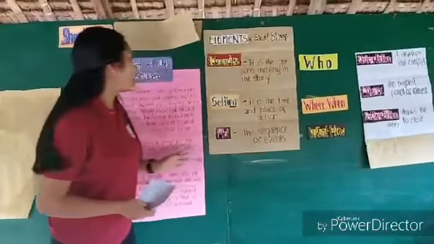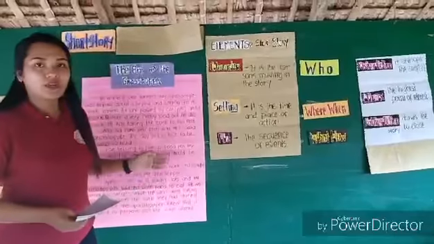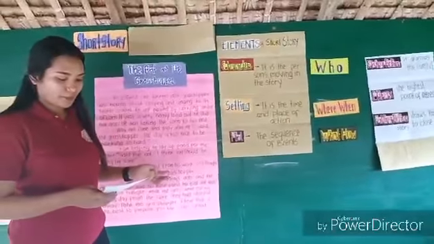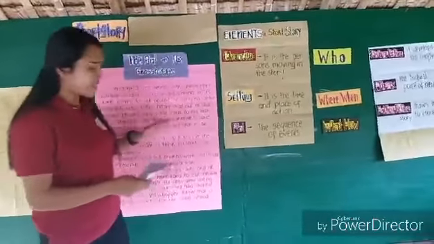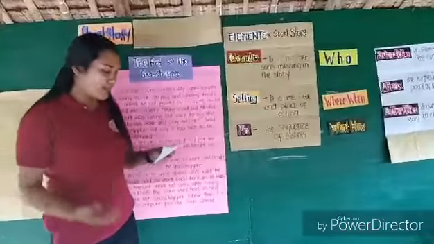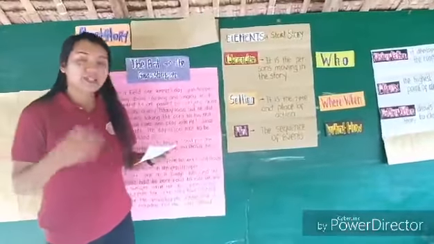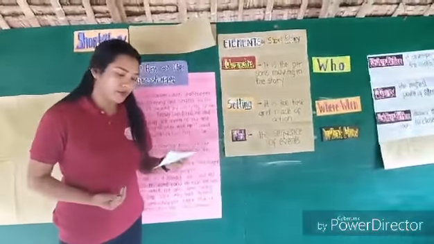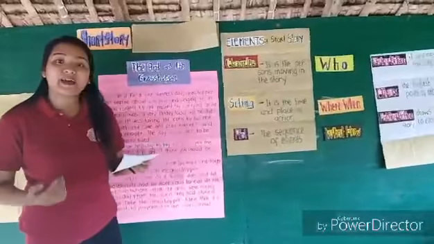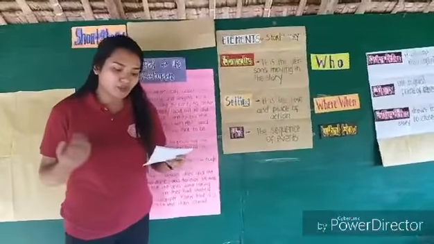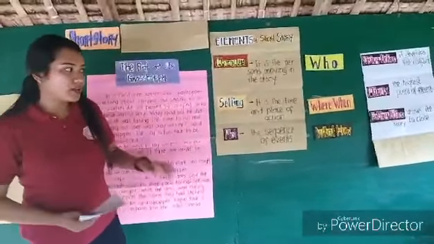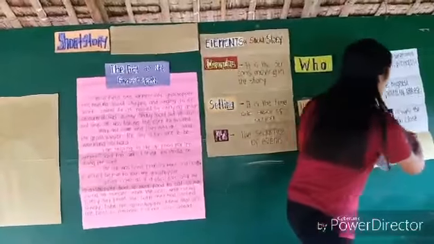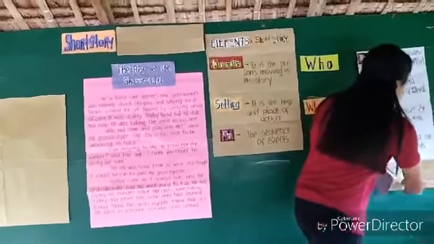Based on the story, what is the falling action? Very good. The falling action in the story is when winter came, the grasshopper suffered from hunger while the ant was eating every day from the corn he had stored. And the last one is the resolution.